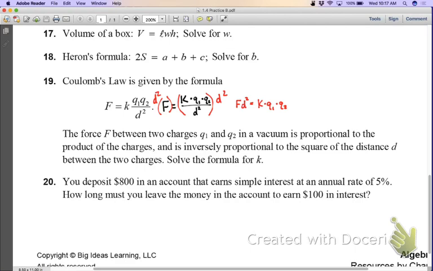Now again, I need to get K by itself. So what's my next step? What do I need to get rid of, or what do I need to move over to the other side? The Q's, right? How am I going to do that? Divide both sides by Q sub 1 and Q sub 2.